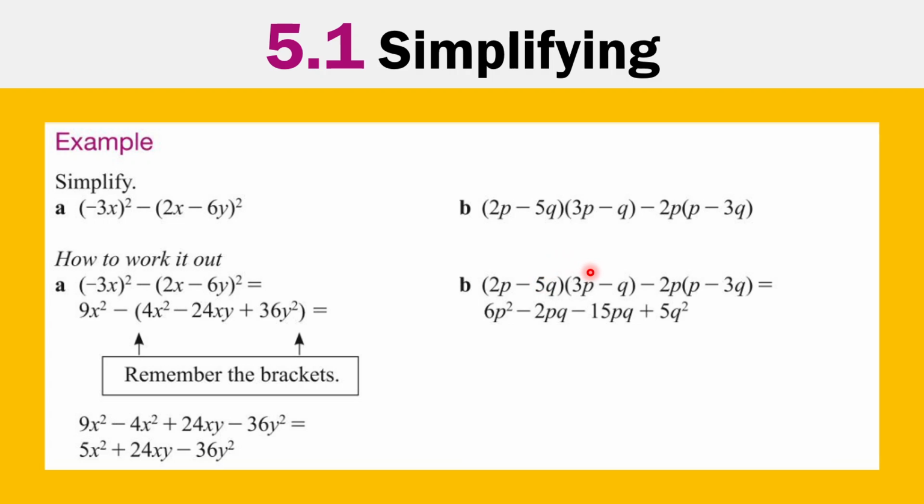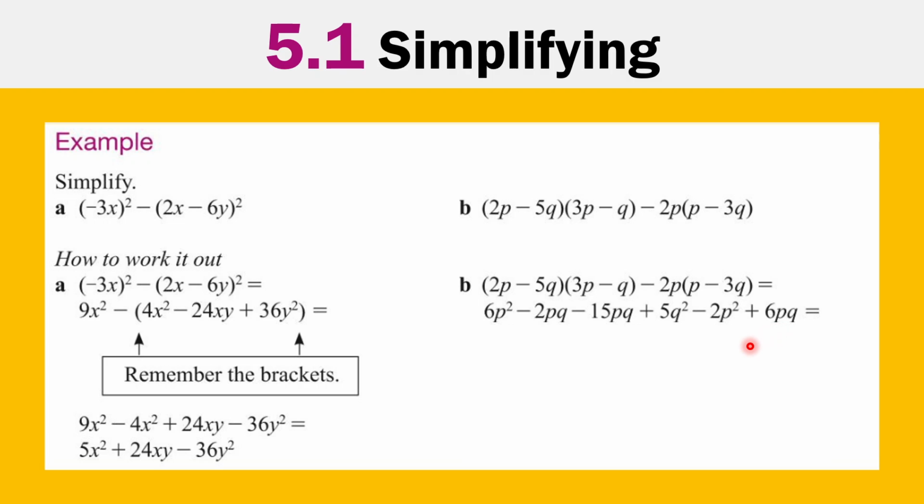Minus 5q times 3p is minus 15pq. And minus 5q times minus q becomes positive again, 5q squared. That's this thing. And then I do minus 2p times p is minus 2p squared. And minus 2p times minus 3 becomes plus 6pq.